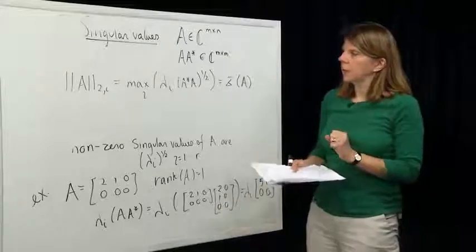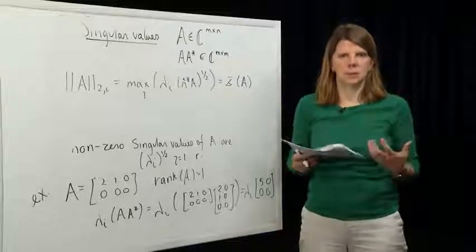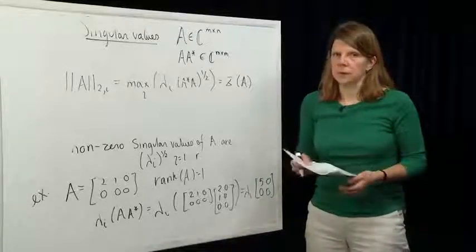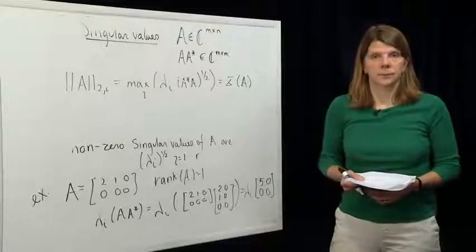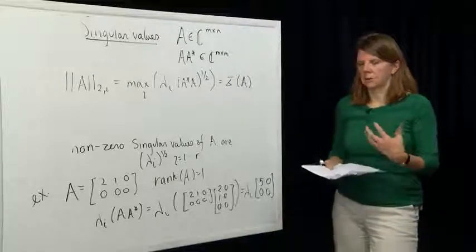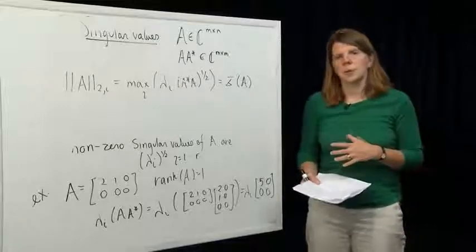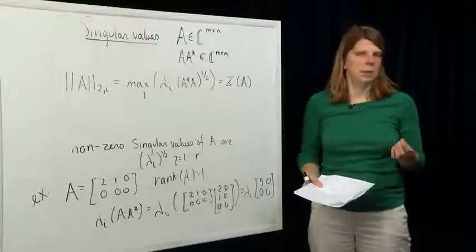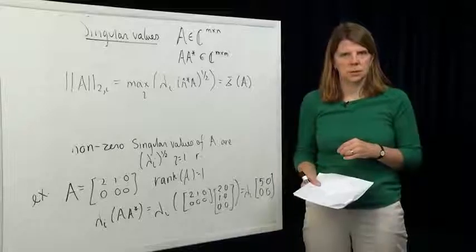But where this idea of singular values becomes quite useful when we're thinking about matrices and properties of matrices is in the singular value decomposition. And that will be the topic of the next module. So in this module, we've used our knowledge of adjoint maps and inner products to think about Hermitian matrices, so what it means to be self-adjoint when you're thinking about the matrix representation of a linear map.